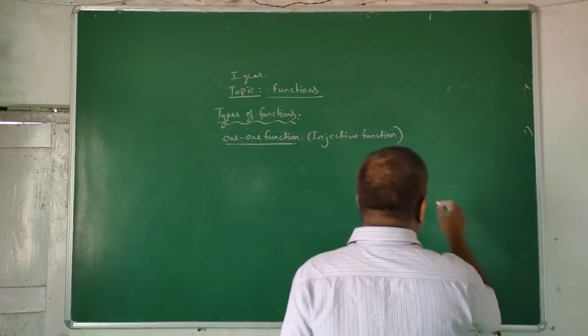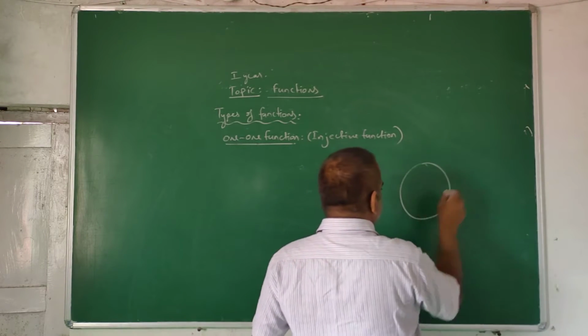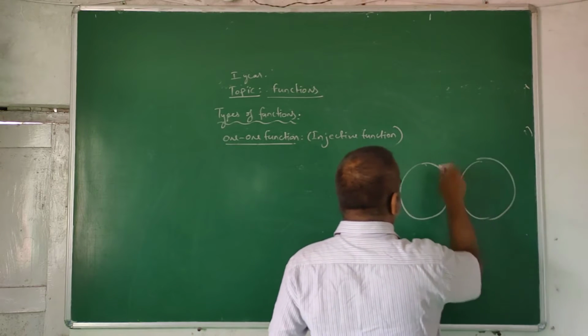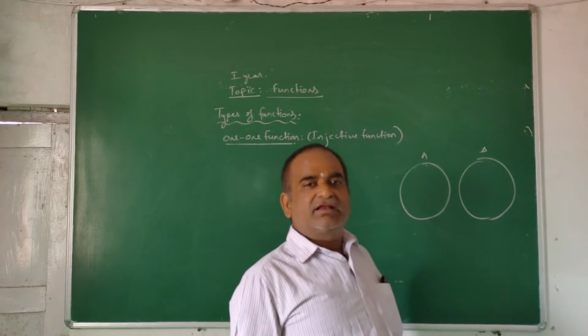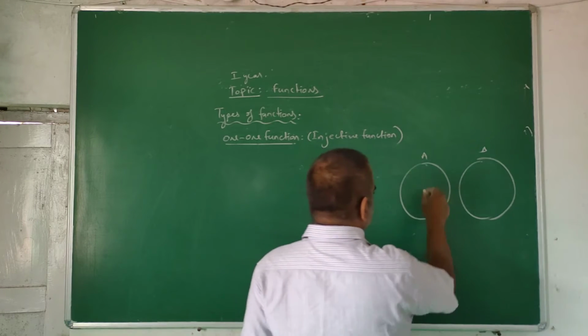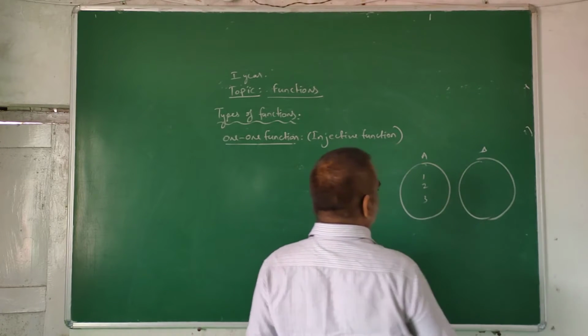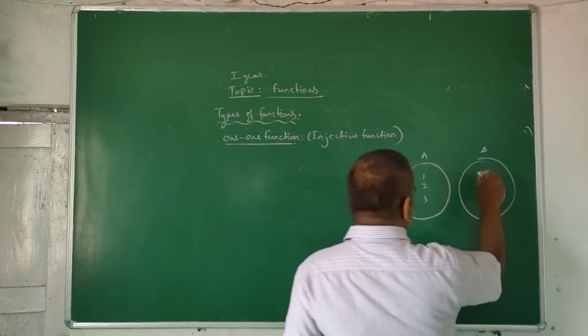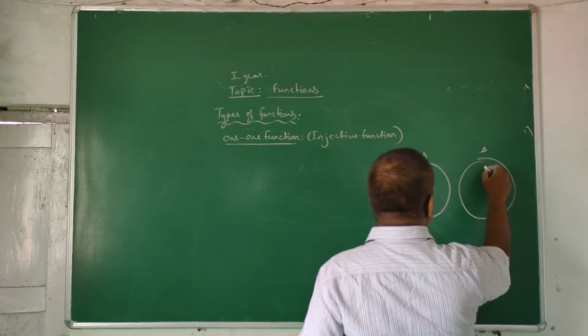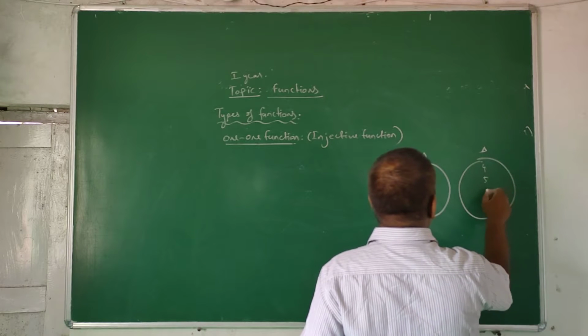See here, I will explain with an example in which case you can say it is not one-one function. Say set A is having the elements 1, 2, 3. Set B is having the elements say 4, 5, 6, 7, 8.